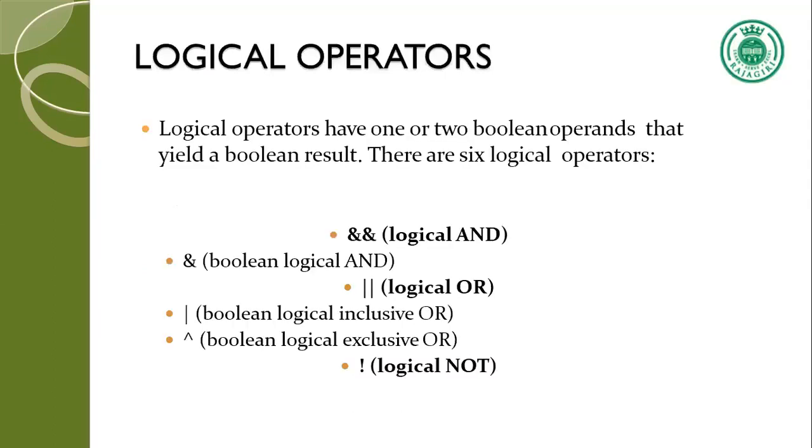Then we have logical operators in Java. We have 6 logical operators: the double ampersand for logical AND, the single ampersand for bitwise AND, the double pipe for logical OR, and the single pipe for bitwise OR. And we even have the exclusive OR and the logical NOT operation.